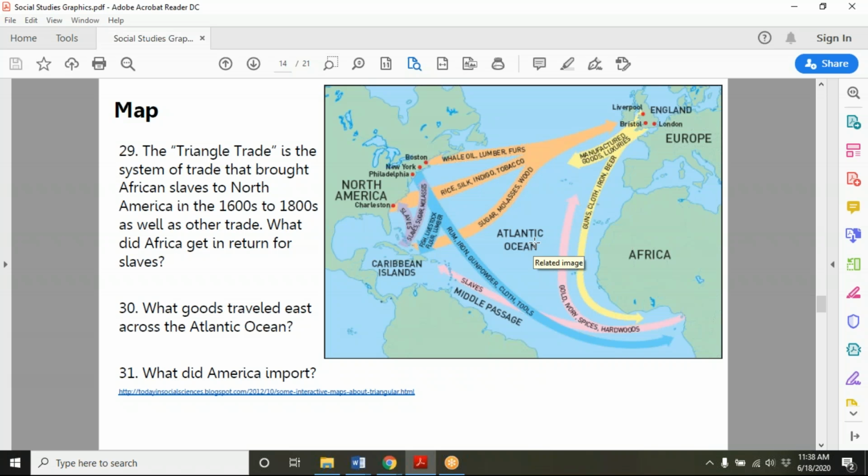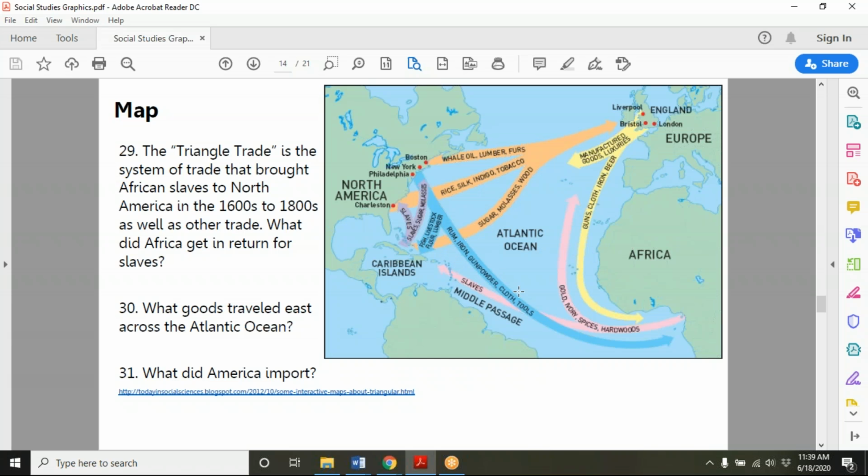Number 30, what goods traveled east across the Atlantic Ocean? Rum, iron, gunpowder, cloth, and tools.